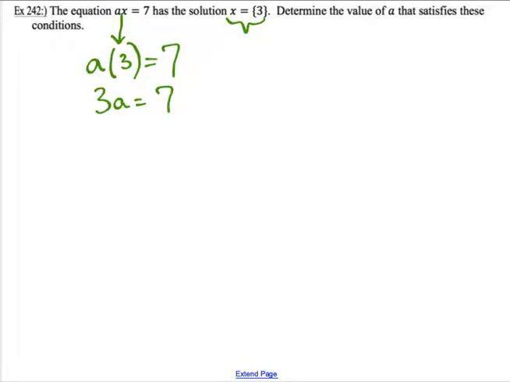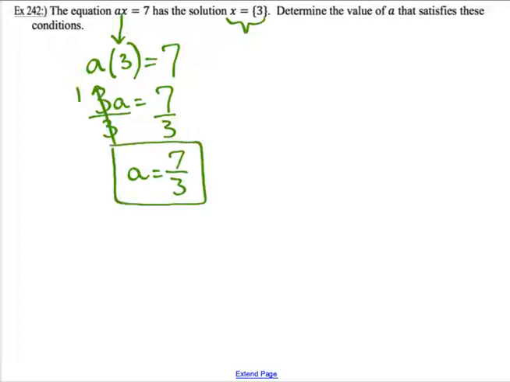Okay, so 3 times a number is 7, and that would be our answer. Now, if it's not immediately obvious what that would be, that's fine. You should recognize that this is an equation that can be solved. We would divide both sides by 3. This gives us 1 here, and a would be 7/3. So the answer to this problem, what value of a makes the equation have the answer x equals 3?